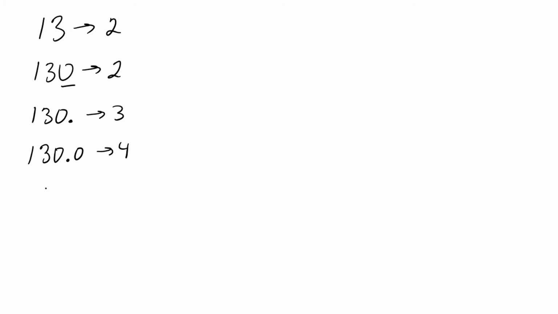Now, what if I remove the decimal? I go back to having two significant figures, but if I were to add a number behind those trailing zeros without the decimal, then those zeros become significant, and now I have five significant figures.